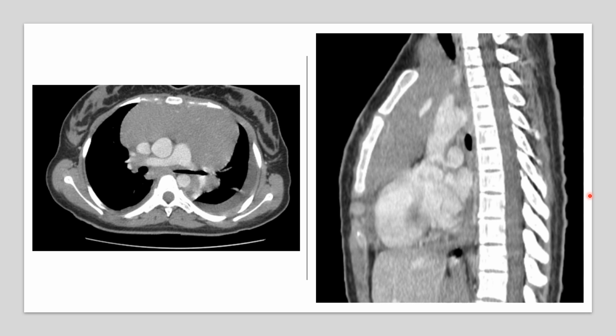The mass lesion is reaching up to the lower level of the thyroid on the right side, and it was causing complete encasement of the superior vena cava, right and left brachiocephalic veins, but there was no narrowing of the vessels. Also, there was partial encasement of the pulmonary trunk.